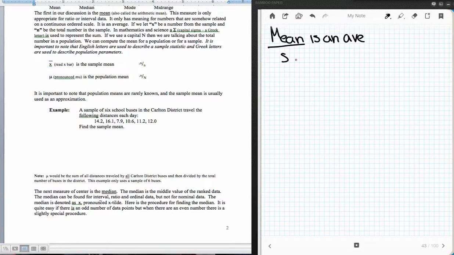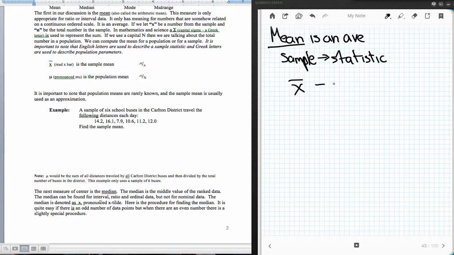We have sample statistic notations, right? So when we have a sample, then we're talking about a statistic, and we talked about that back in chapter 1. So a sample statistic, and the notation that we use for a sample statistic for the mean is x bar, and that's how we read that, x bar.